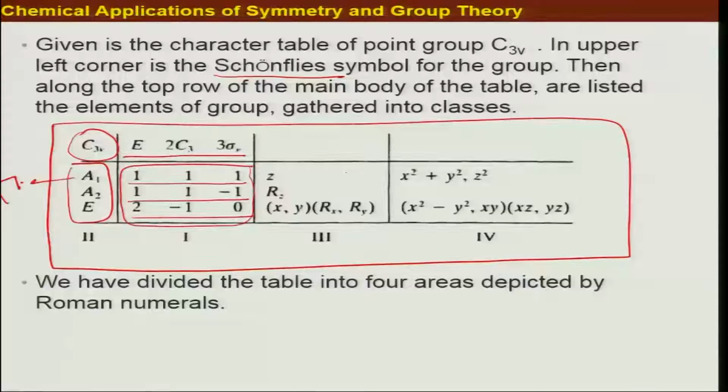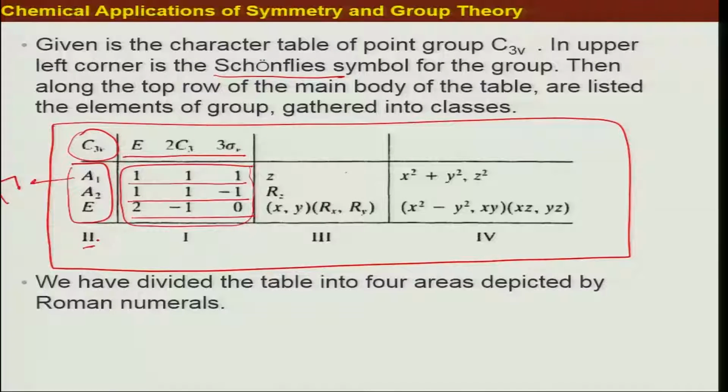Here we can see there are some specific terms like A1, A2, E, and if you go to the character tables of many other point groups, you will see various different terms, like A prime, B prime, A1, A2, Ag, Eg, Bg, Au. So what are these terms written in area 2?